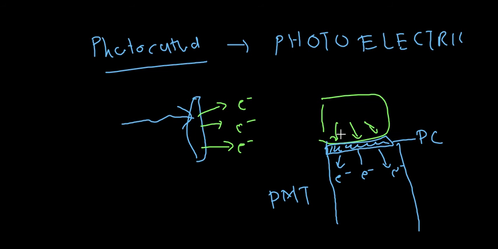The first part is the scintillator, and the second part is the photocathode, which is also part of the photomultiplier tube. So we have entered into the second region. From the first region, the radiation has entered into the second region in the form of electrons. Now the radiation is taking the form of electrons. Okay, now what happens?